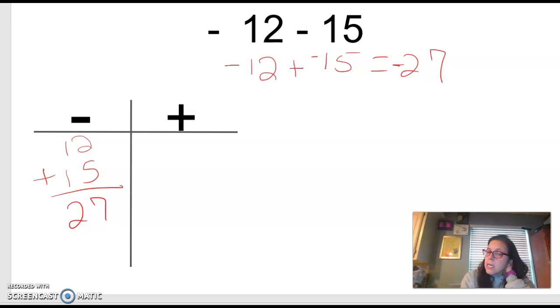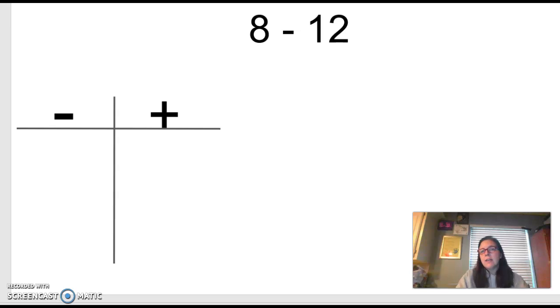Remember, you guys, these are the same problem. Some of you guys can visualize and know, well, if I have negative 12 and then I go farther left on the number line, then I'm going to be at negative 27. That's fine. This is just for those of us that still get confused. Okay, so positive 8 minus 12. So you can think I'm at positive 8 on the number line. I go left 12.